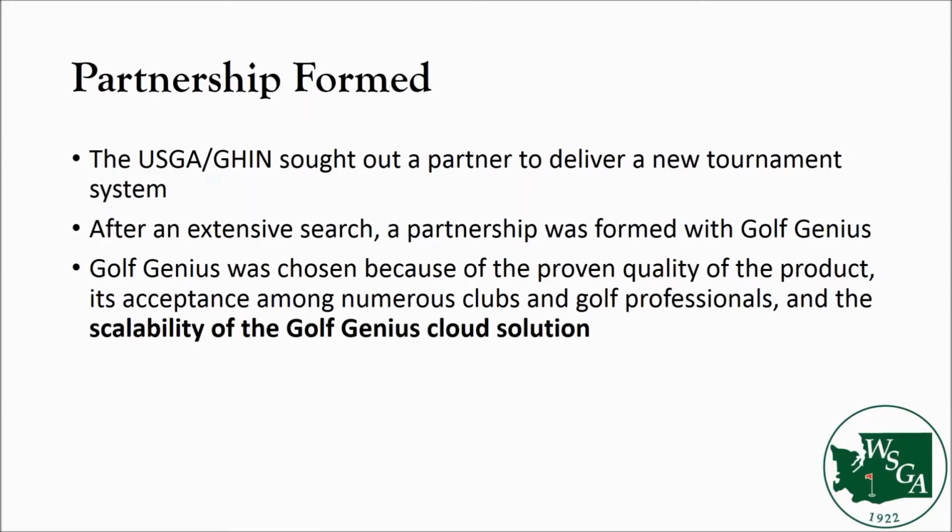Especially on the weekends, there were some scalability and capacity issues where you could not type in your scores, and it was very slow. What's great about this new option is that they took that to heart. It was definitely the number one thing that the USGA told Golf Genius: it has to be scalable to the amount of traffic that's going to be coming through.